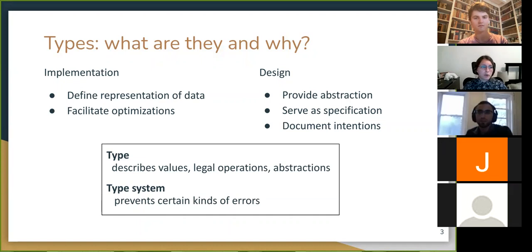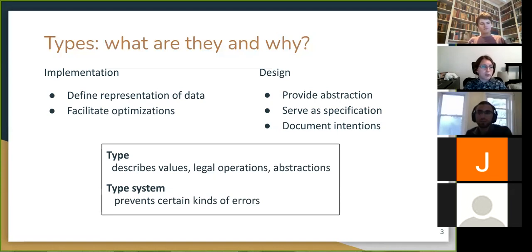And there is a very popular book called Types and Programming Languages by Benjamin Pierce. And what he uses to describe a type system is a lightweight verification technique, meaning by type checking your program, you can prove that certain properties are preserved by the program. And then if you're thinking of a type in this context, it sort of tells us what kinds of values this program can compute, what are legal operations, or what are the abstractions related to this type.